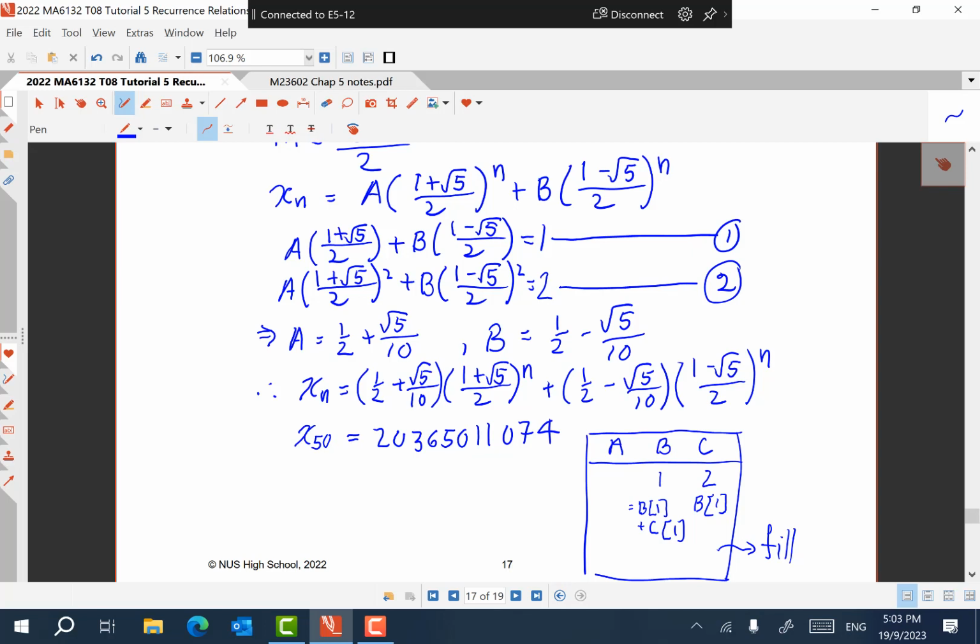I think it should be the 51st, because the original Fibonacci sequence starts like 1, 1, 2, 3, but this is 1, 2. So this skips the first one really. So this should be the 51st. Should be the 51st. Yeah.